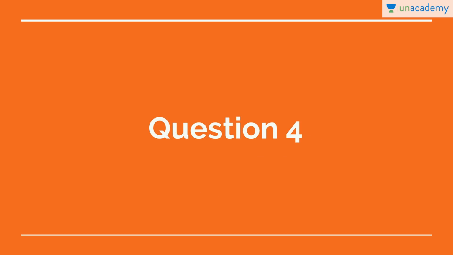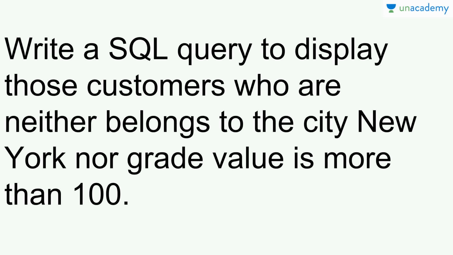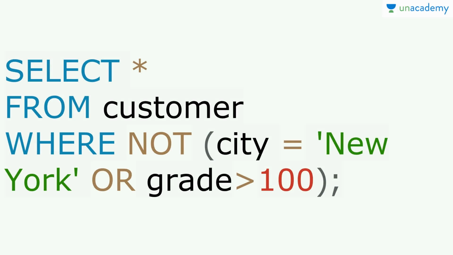Coming to the fourth question. Write a SQL query to display those customers who neither belong to the city New York nor have a grade value more than 100. So we have to ensure that the customer should not be of New York and his grade value should not be more than 100. So we have to apply not.